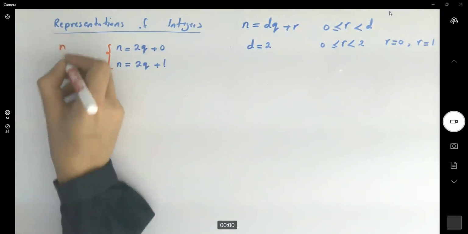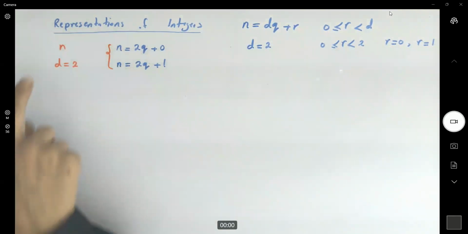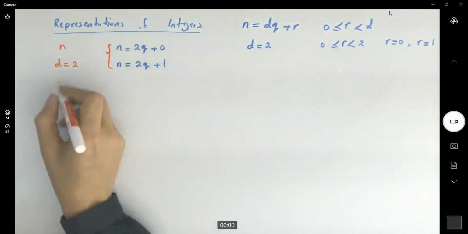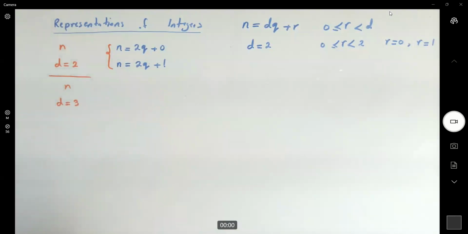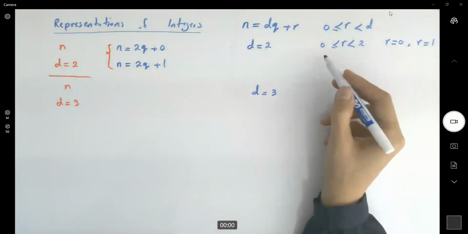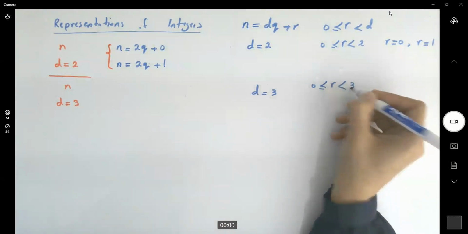So n and d is equal to 2. What if I have an integer n and start dividing that integer by 3, the next number? So now I have n and d is equal to 3. By the quotient remainder theorem, the remainder is between 0 and 3.